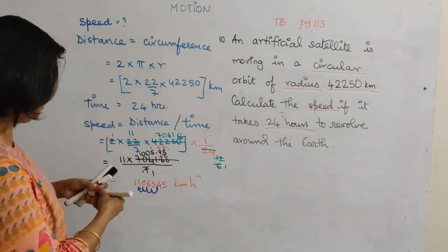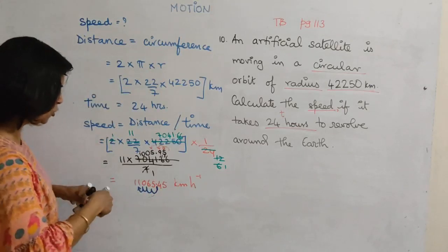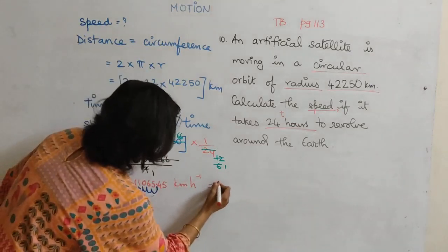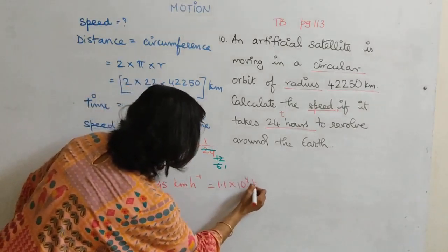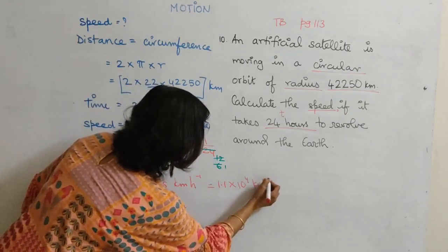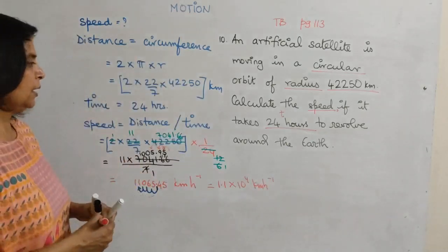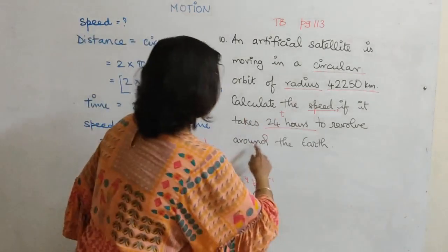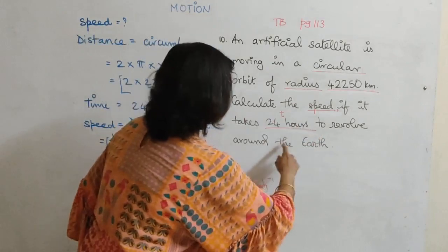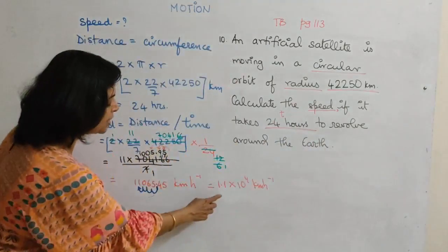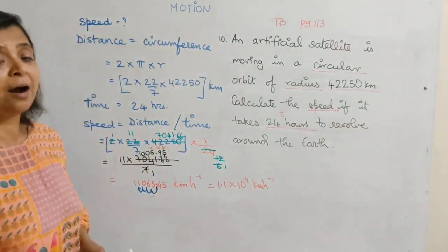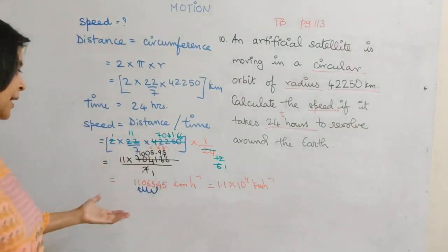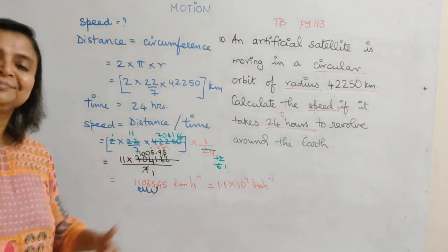So the answer is going to be 1.1 into 10 raised to 4 kilometers per hour. So the speed of the satellite which revolves around the earth is 1.1 into 10 raised to 4 kilometers per hour. I would request you to rewind and see the sum again. That's all.